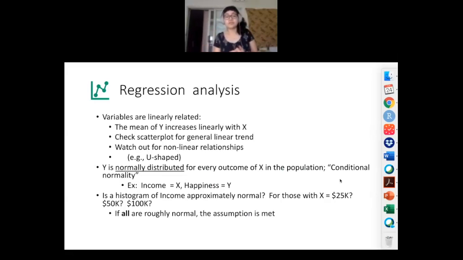It's not as dynamic. So most social science research, your bread and butter of statistics, is going to be regression analysis.